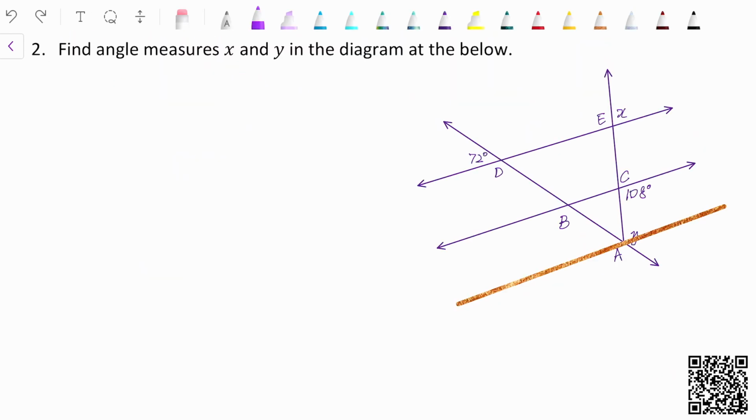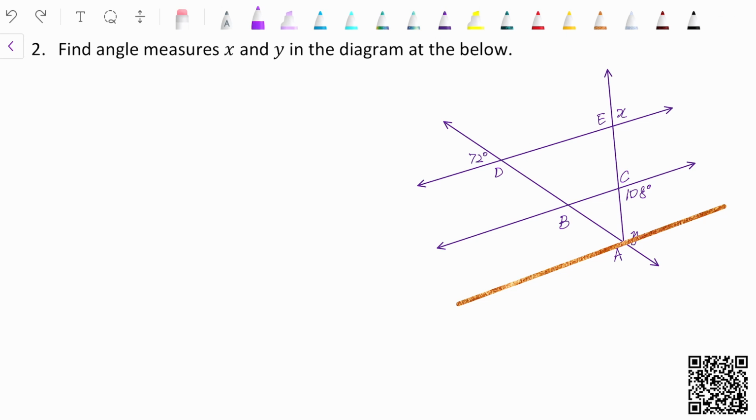Moving down to problem number 2, find angle measures x and y in the diagram below. If you were peeking at the diagram while I was reading the problem, which took approximately 5 seconds, applaud, good for you, if you are able to simultaneously listen and look at the diagram. But x in this problem is relatively easy to find.